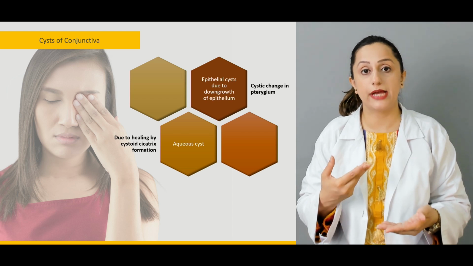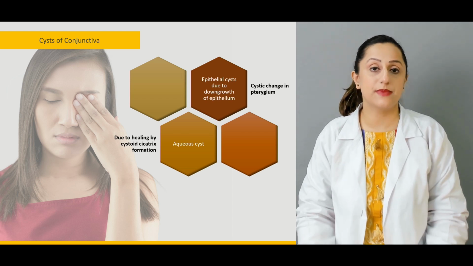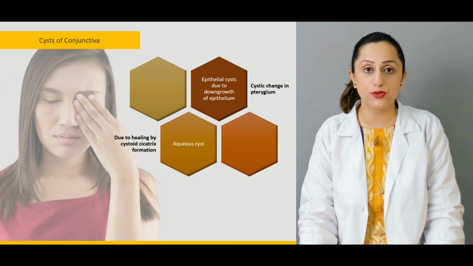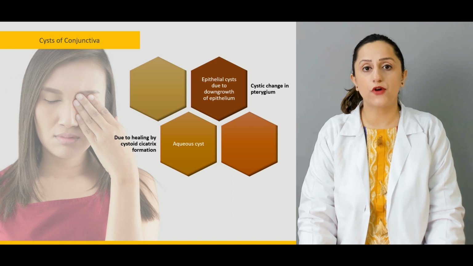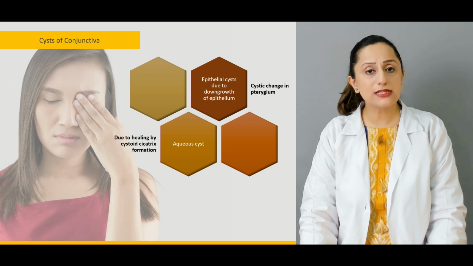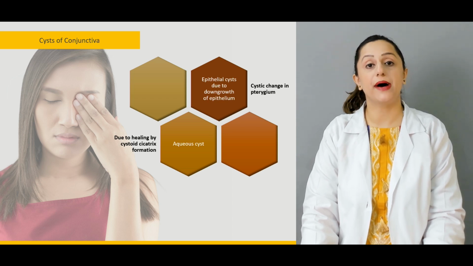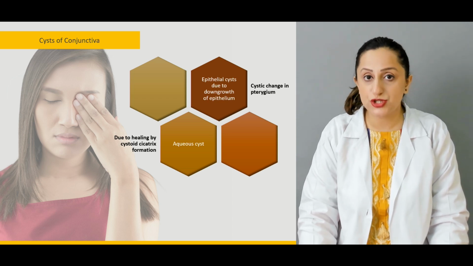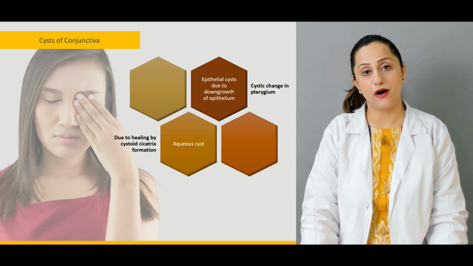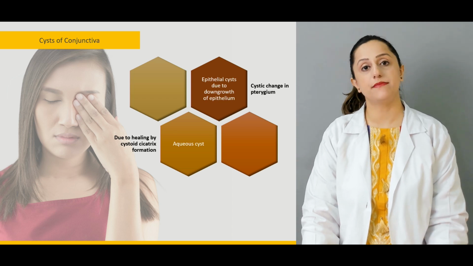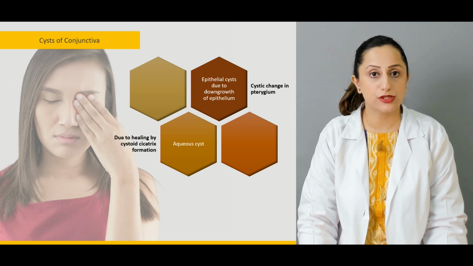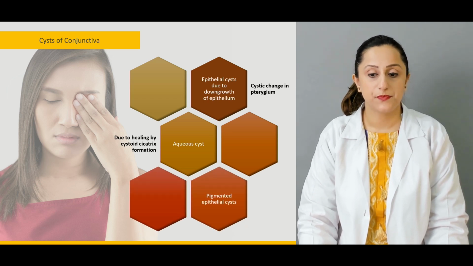It can be after an infectious state, that is, any chronic infectious state that occurs in the conjunctiva of the individual, and that leads to the formation of cicatricial tissue. Now, cystic changes can arise in the cicatricial tissue that has been formed, and that leads to the formation of these cystoid masses in the conjunctiva, either bulbar, fornical or tarsal conjunctiva.